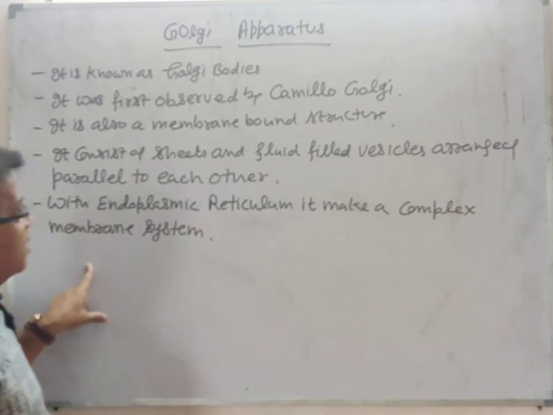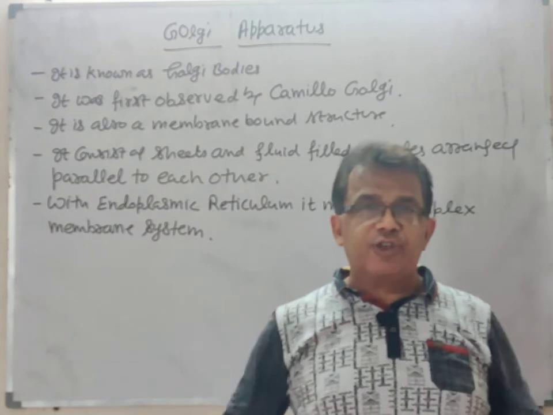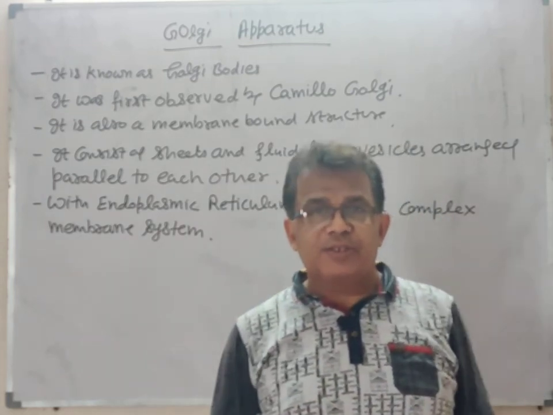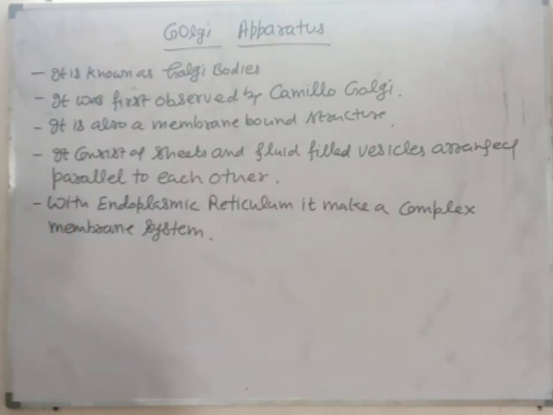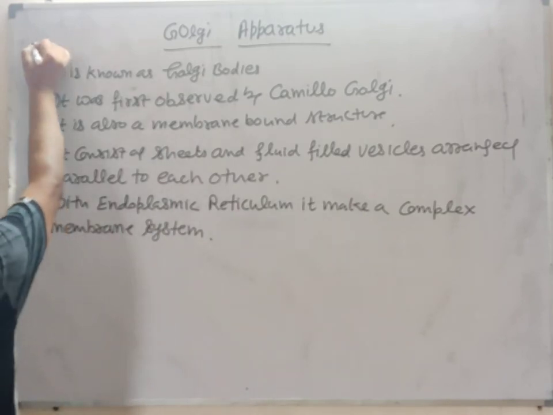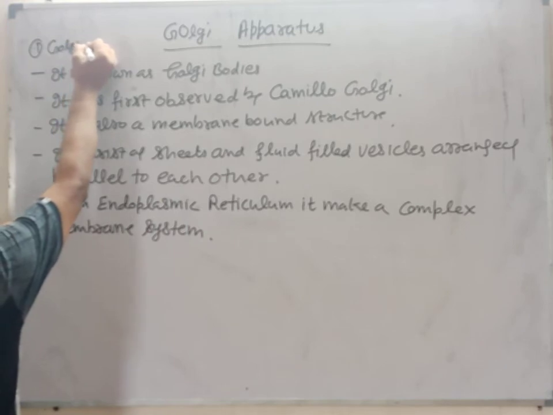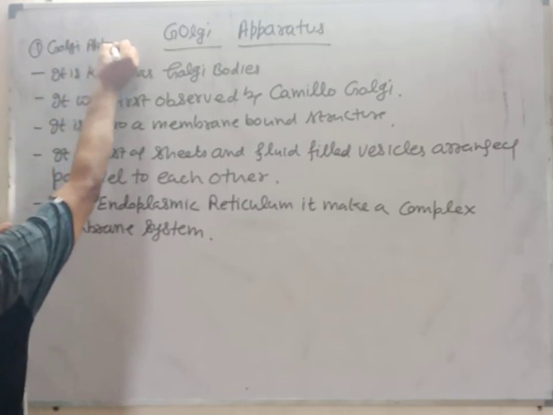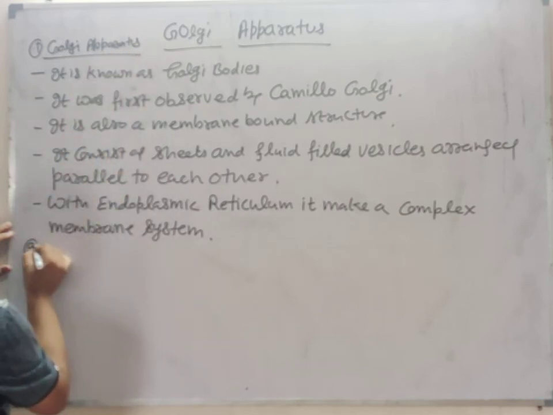Because ER and Golgi apparatus both have membrane, therefore they together make a membrane system, complex membrane system. It was about this. Now we shall study its structure and function. It is general about Golgi apparatus or Golgi bodies. Second is structure.